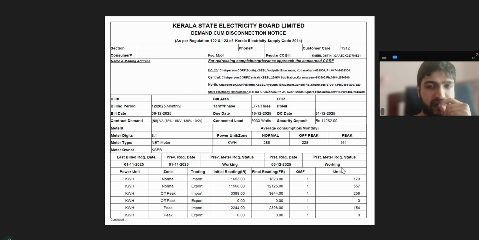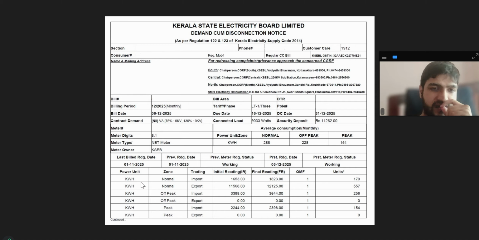Now, this bill, which came on 16th December, you can say was a bill for about 35 days. How did I calculate that? That is basically the difference between 16th December and 1st November. That's around 35 days. So that's the duration of the bill.